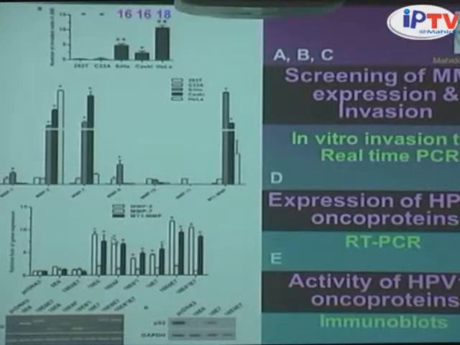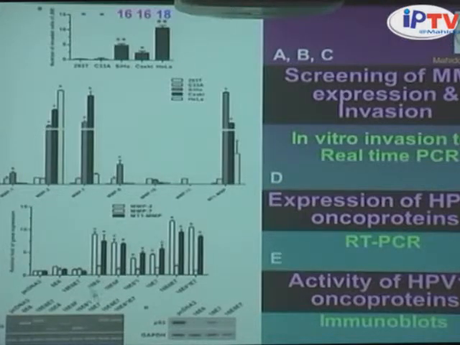Now, again, we use the stable cell line expressing different types of the HPV oncoproteins to look for the correlation, the relationship between HPV oncoproteins and the expression of these 3 MMPs.